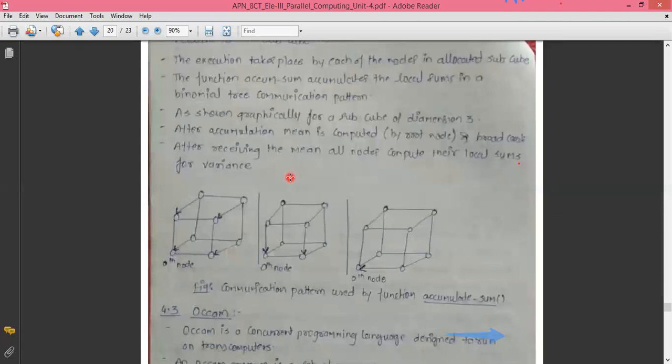No need to go into too much detail. Whenever process execution begins, we are talking about a parallel programming language. We have already discussed two programming languages: first the MPI programming language, and next the Fortran 90 parallel programming language. Here, this language acts similar to MPI, but it works on the methodology of a cube.